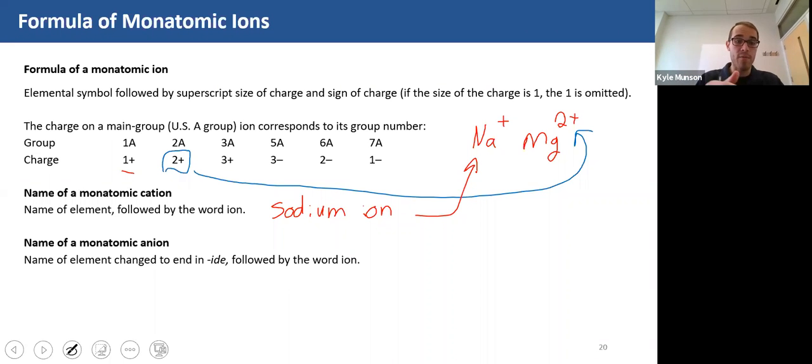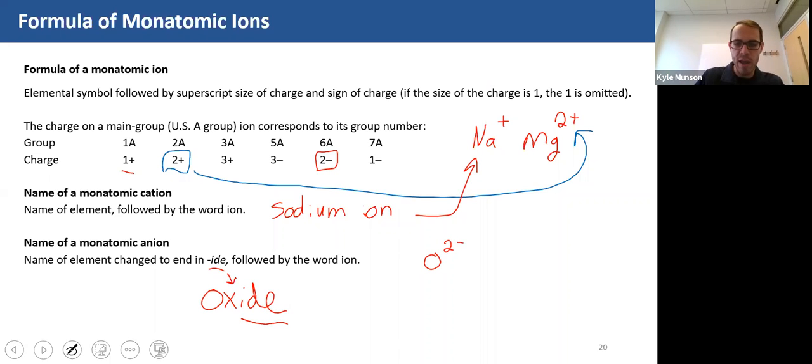Now for an anion, something with a negative charge. Let's say oxygen would have a 2- here. This would be oxide, where it gets an -ide ending afterwards.